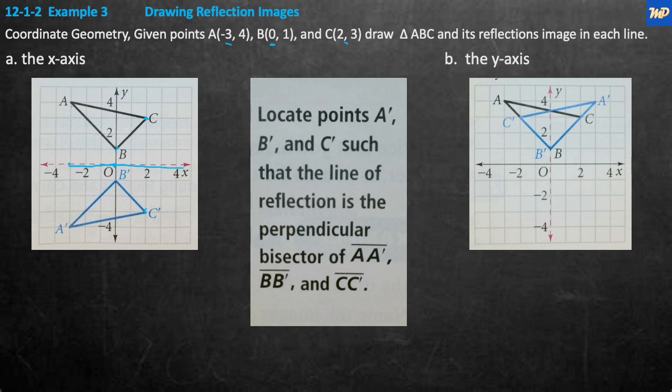For B, the new point is going to be 0, -1. For C, we're over 2 and up 3. We're going to be over 2 down 3. So now we're going to be 2, -3.